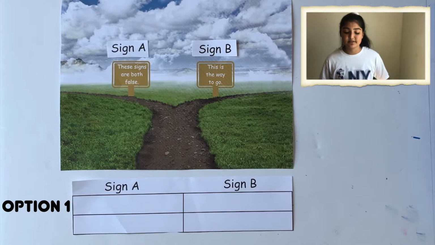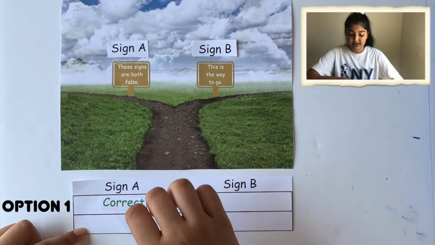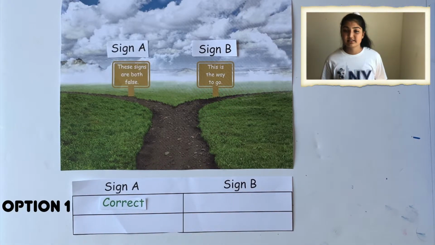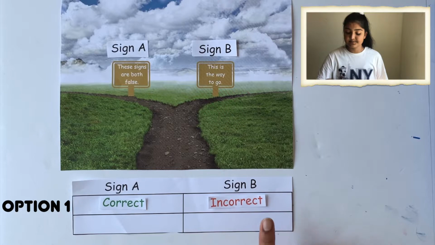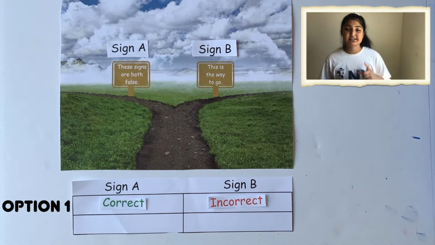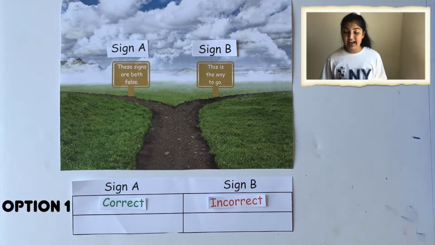We can assume sign A to be correct. And if sign A is correct, that means sign B is incorrect. This gives us one option. Now let's look at another option.